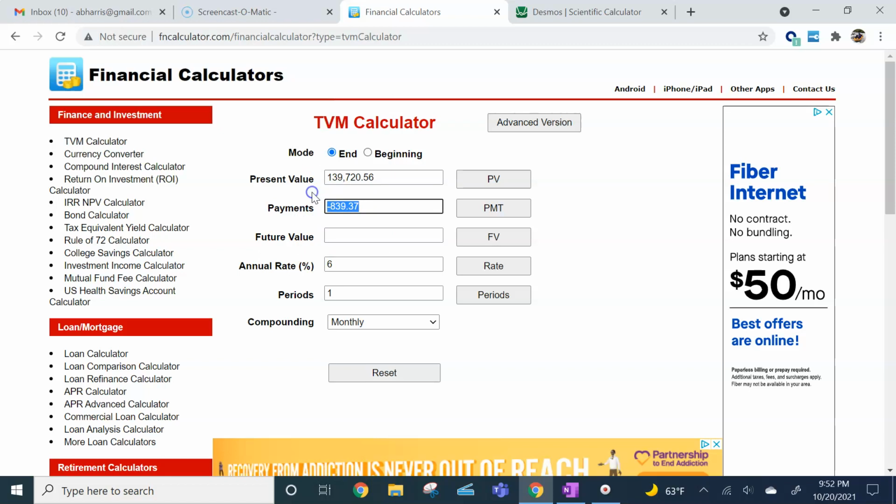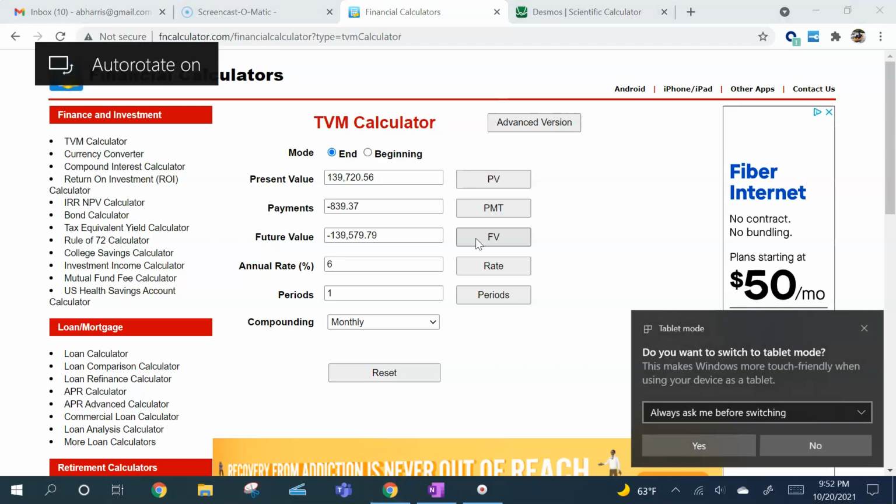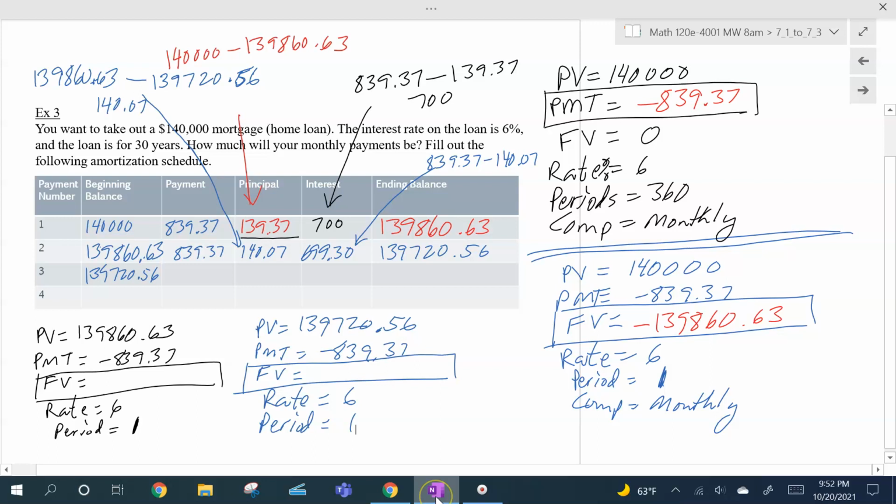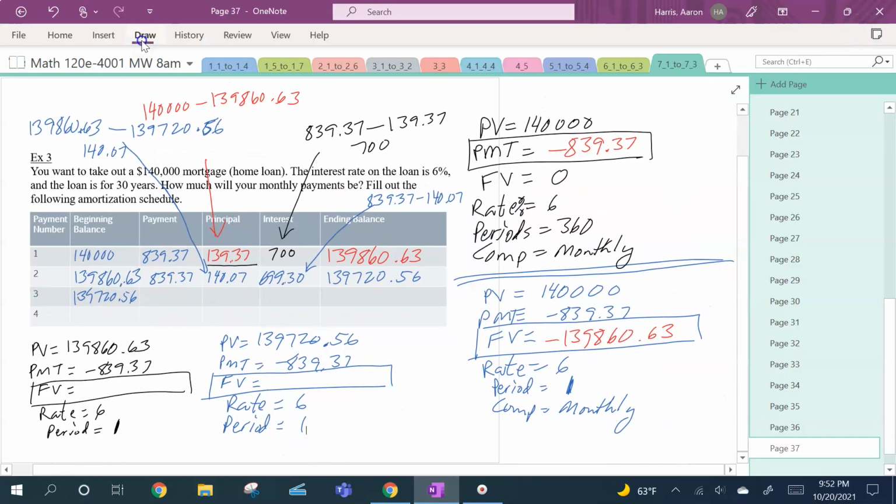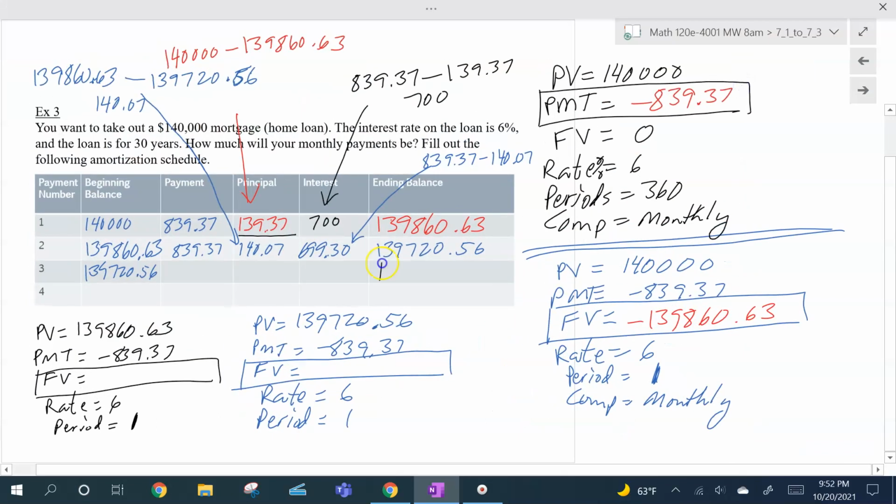I'm going to make a $839.37 payment one time. What's the future value? 139,579.79.